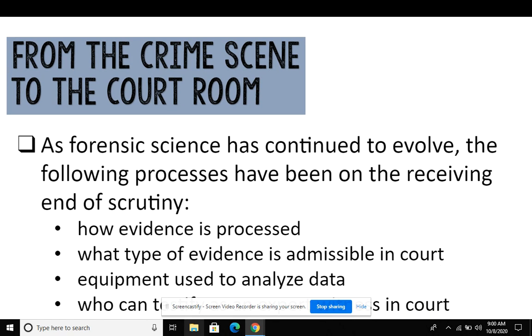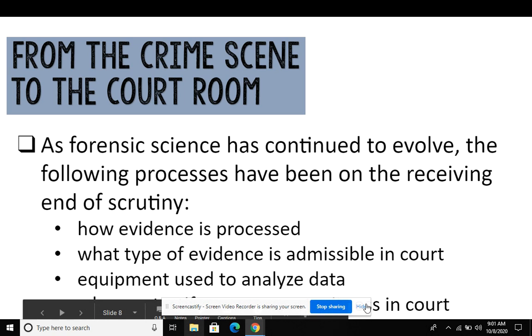As forensic evidence has continued to evolve, the following processes have been on the receiving end of scrutiny. How is evidence processed? What type of evidence is admissible in court? The equipment that's used to analyze data, and then who can testify as an expert witness in court?